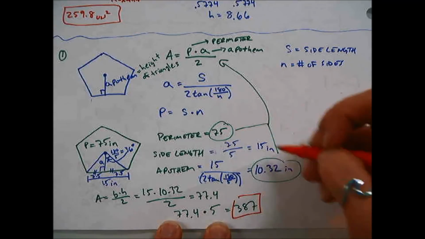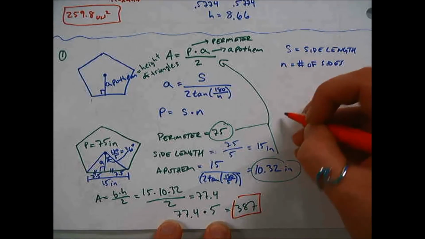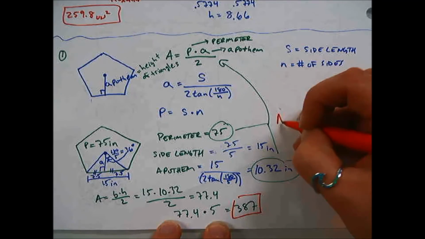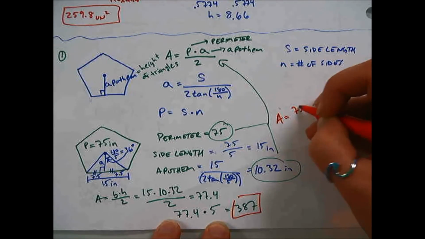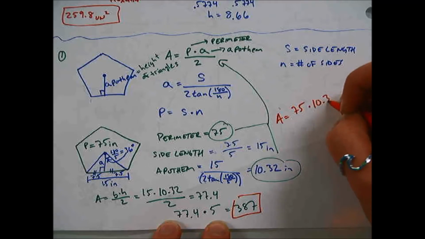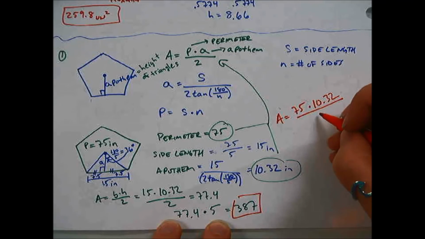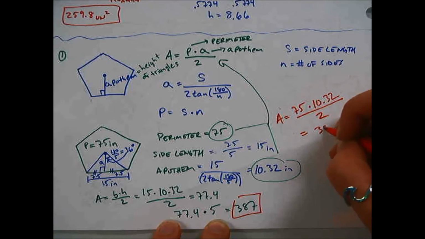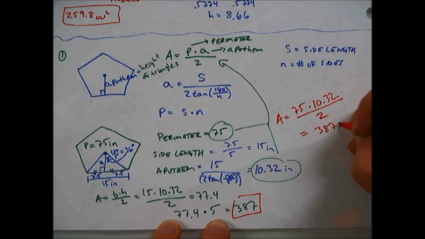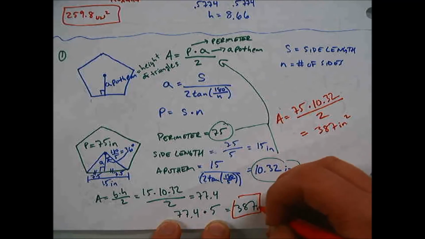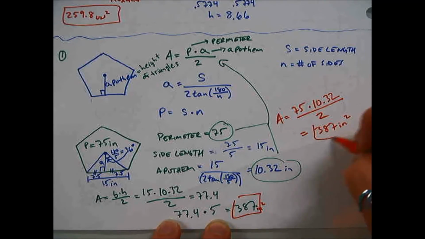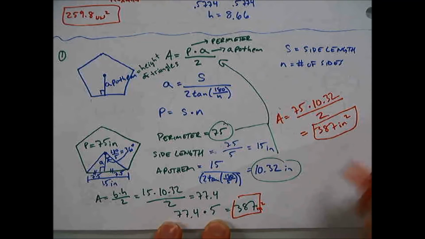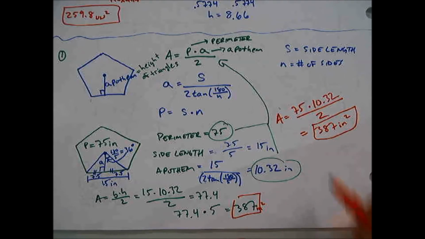Or we could take 75 and 10.32 and plug them into this area formula. So 75 for the perimeter times 10.32, all divided by 2. And we would get the same exact thing. We would get 387. And this is going to be in inches squared. So either way that we do it, we'll get the same answer right there.